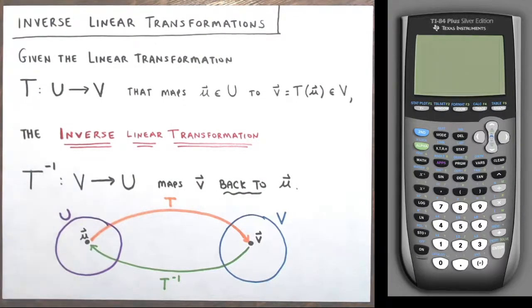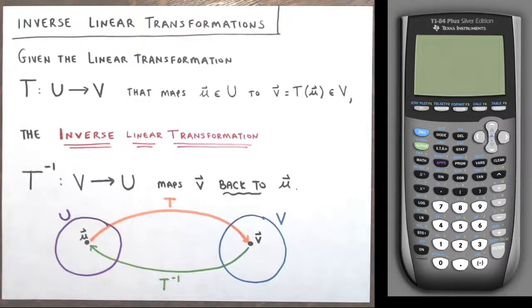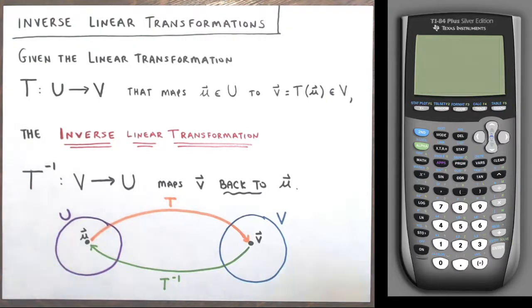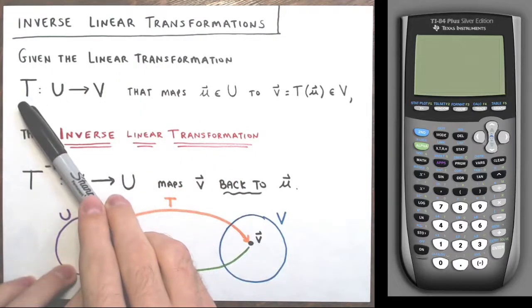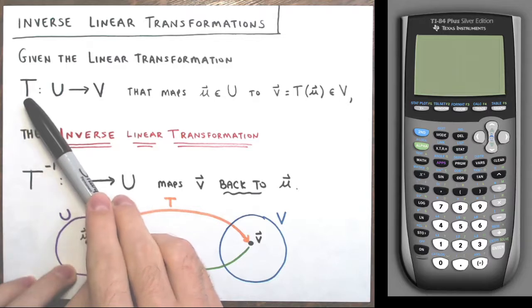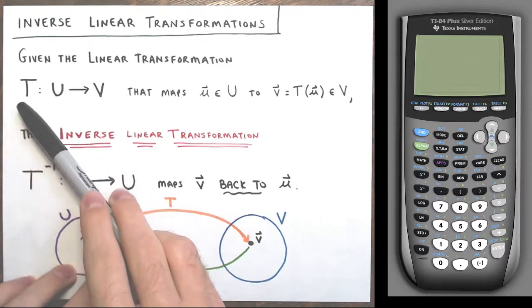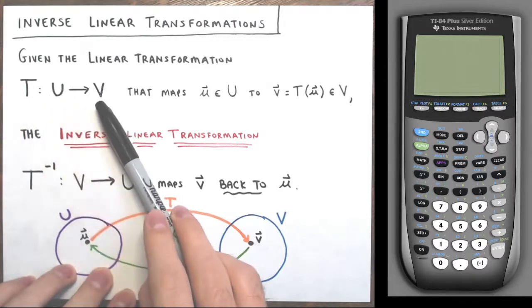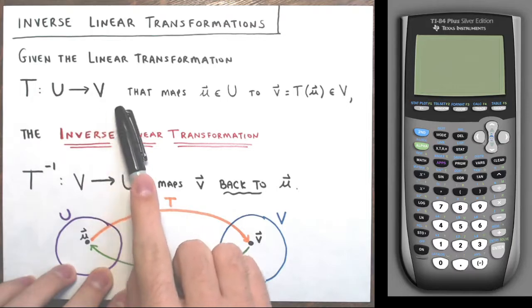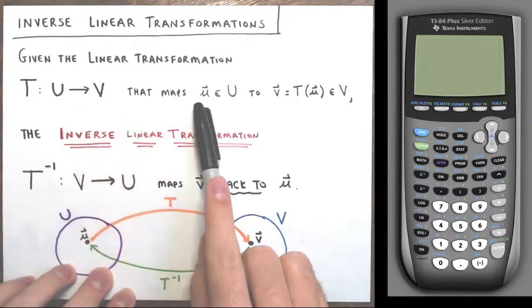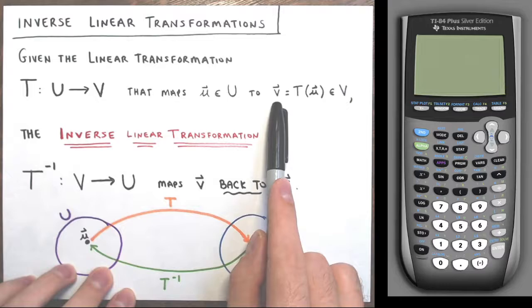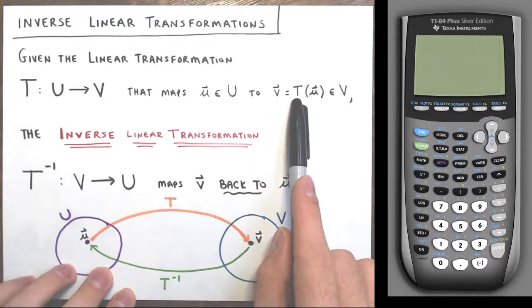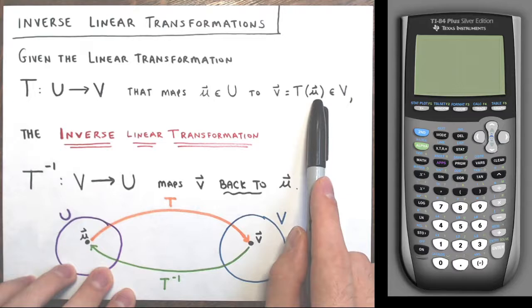So first, what do I mean by inverse linear transformation? Suppose we're given a linear transformation T. Every time I say linear, it means it satisfies the additivity and homogeneity properties, from vector space U to vector space V. And this particular transformation maps a vector U from vector space U to V, meaning that V is the image of U under T, or V equals T of U. Right.